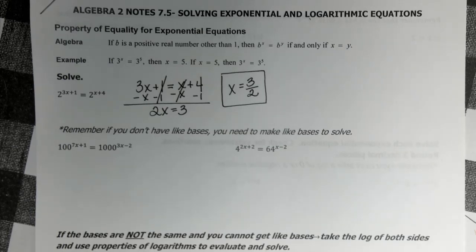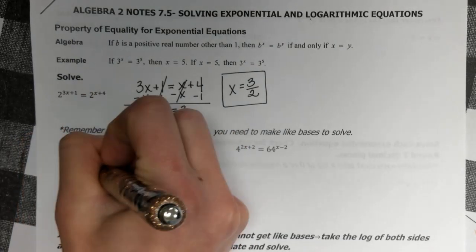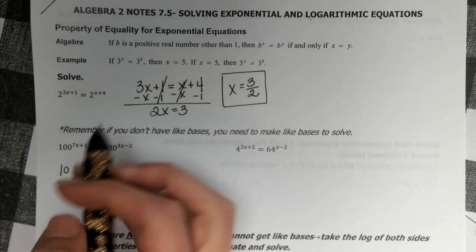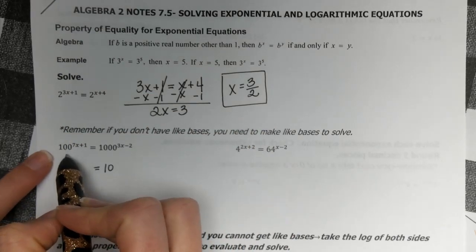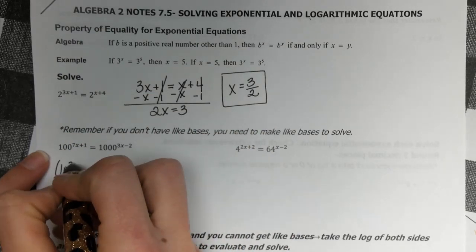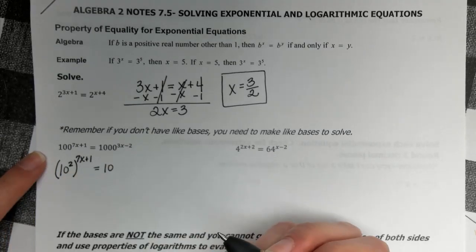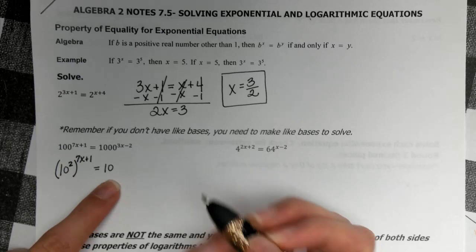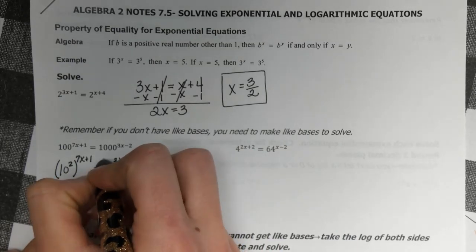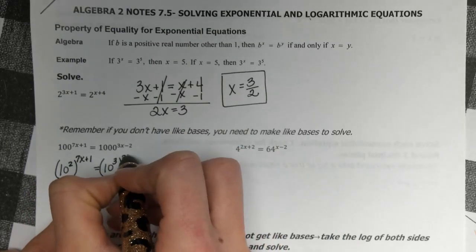Okay, so I can't make 1,000 become 100, but I can make both of these have a base of 10. But 10 to what power will give me 100? Okay, so 10 squared, and 10 squared is raised to the 7x plus 1. And then 10 to the third power is 1,000, so 10 to the third raised to the 3x minus 2.